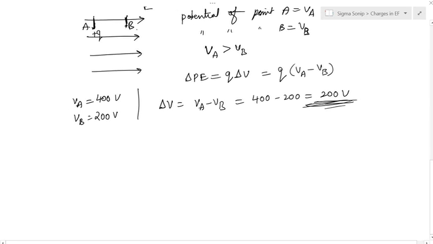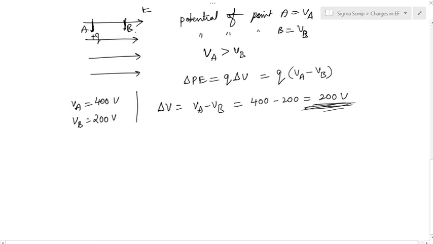So for example, suppose an electron is moving from A to B. Now we know that when an electron moves from A to B, again I would suggest using the trick of putting, you don't need to actually draw this here, but you can put in your head, when you look at this diagram, you can assume that there is a positive plate here.